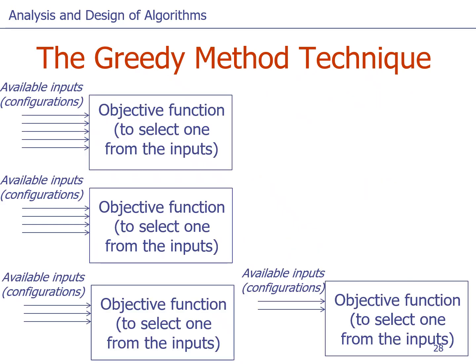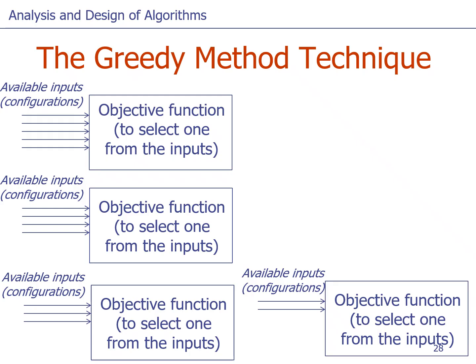Now I'm trying here in this slide to illustrate the way a greedy algorithm will work. You have inputs or data items that are ready for you to process. You pass them to a specific objective function that you write. The objective function could be as simple as minimum or maximum, or a very complex function that has many variables that maybe you compute from the data.